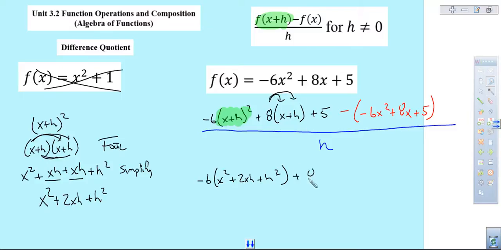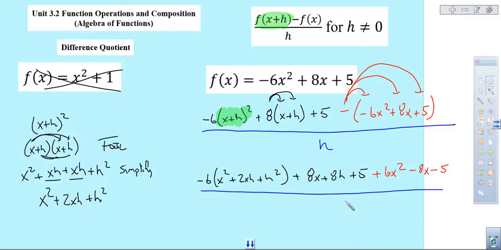So plus 8x plus 8h plus 5. We can go ahead and distribute that negative. So negative times a negative is a positive. A negative times a positive is a negative. And a negative times a positive is a negative, all over h.